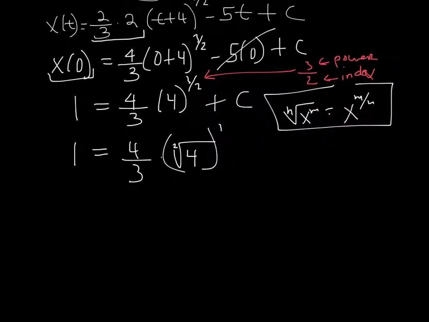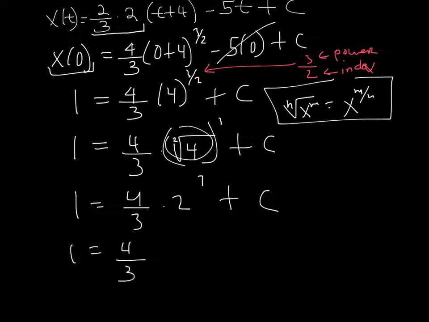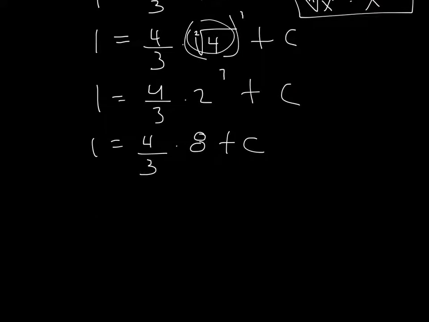And almost done. 1 equals 4/3. The square root of 4 is 2. 2 cubed, and I'm forgetting my c here. 4/3 times 8. And we have 32 over 3. I'm just multiplying numerator and denominator.